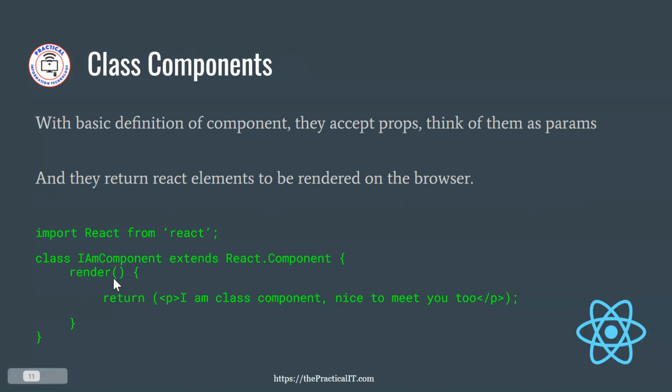And this is necessary, it's not optional. You need to have a render function that would return what we call the JSX, or the React element to be rendered by the browser. So in this case, it looks like that one is going to be a paragraph which has some content, and there is also a closing paragraph over here.